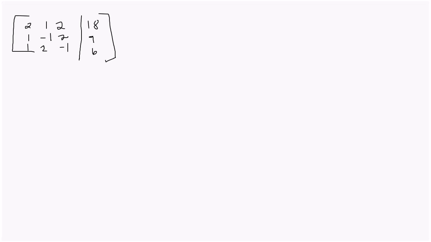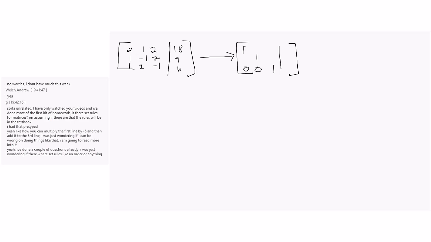So what I want to do is go from that matrix to this one, where I have ones down the diagonal and zeros under all of my ones. So that's right, TJ. There is a set rule in terms of order.